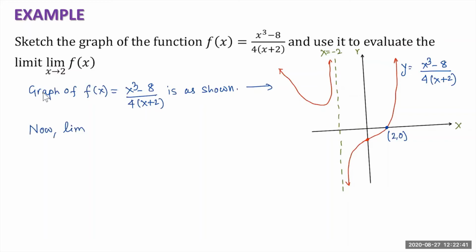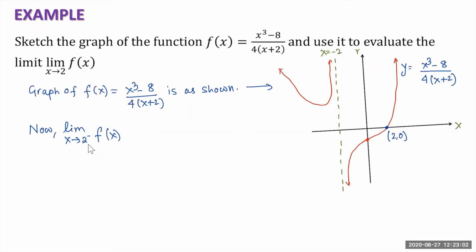The limit as x approaches 2 from the left. The values on the left are smaller than 2. So this is my function and the graph is here. Everybody, this time I want all of you to look at the screen.